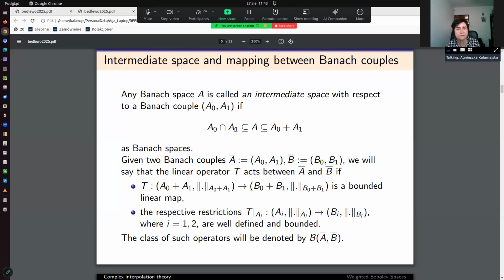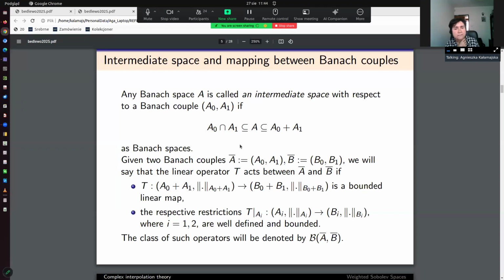The embeddings are considered as Banach spaces, so it means there is also an inequality between norms. Then we know what an intermediate space is, and we know what Banach couples are.